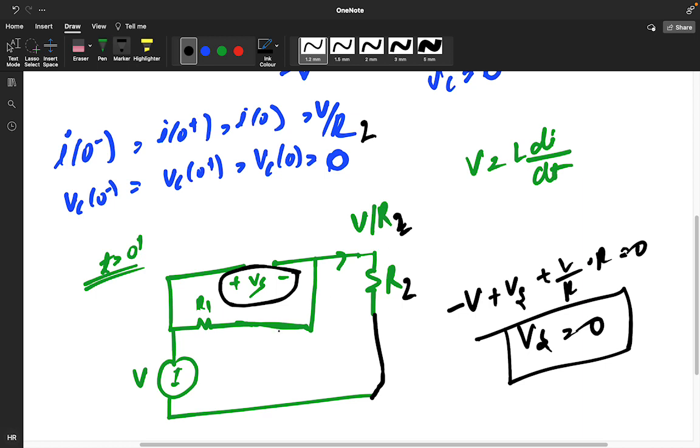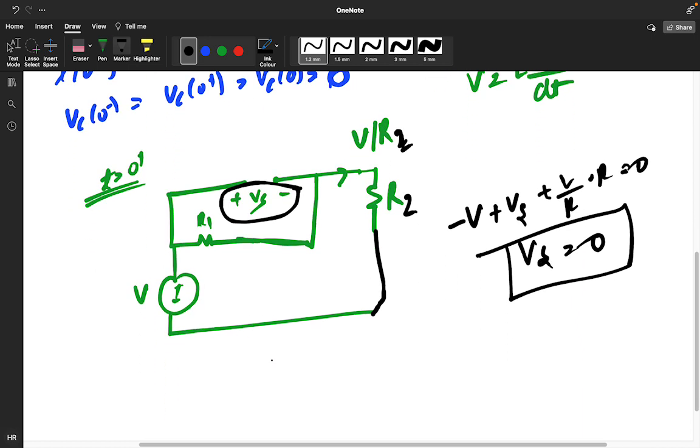Suppose the current is moving like this now.